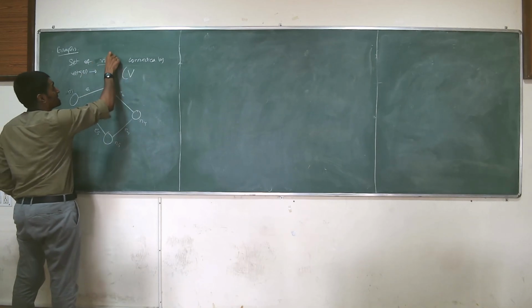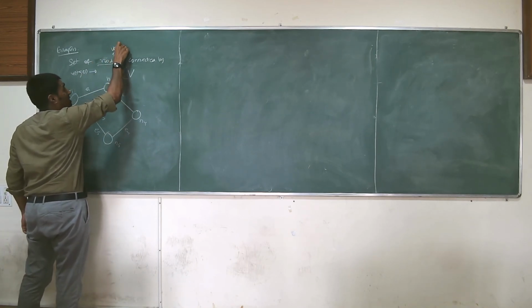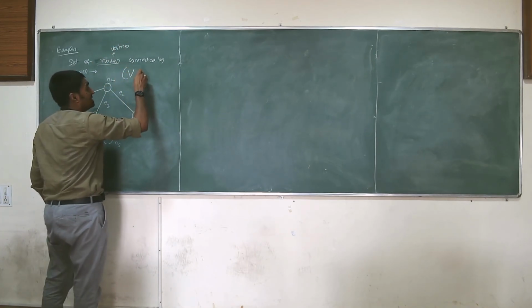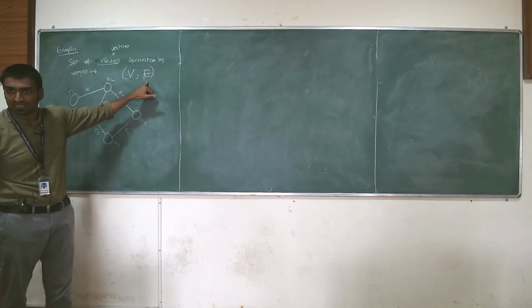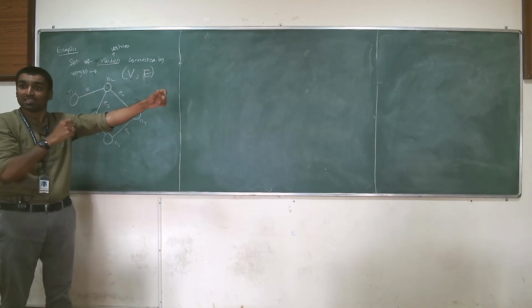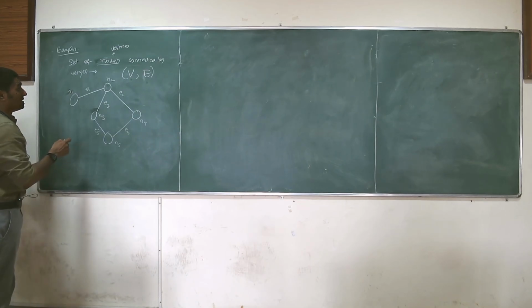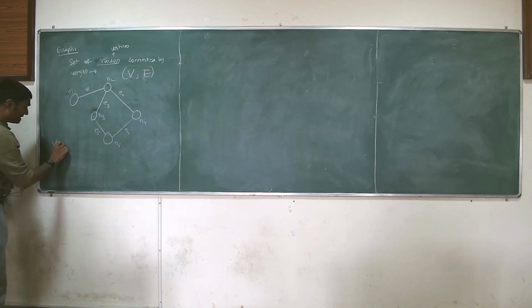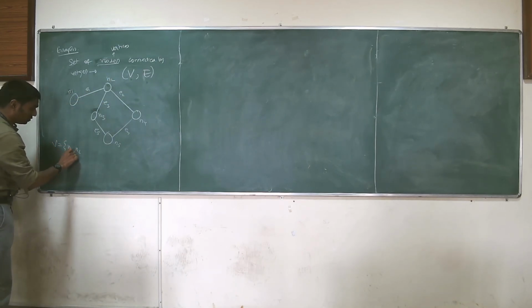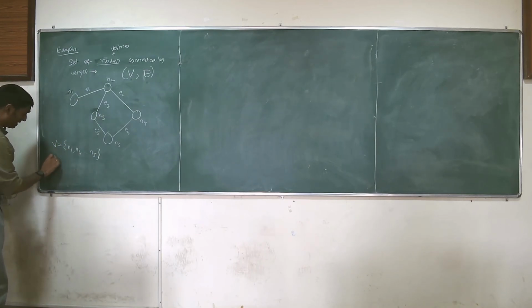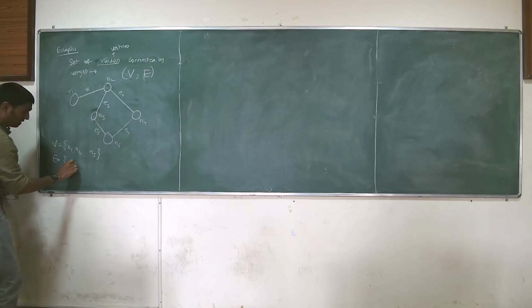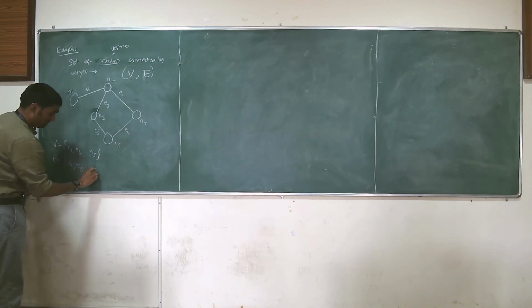These are also called vertices. And edges. V represents the set of nodes. E represents the set of edges between the nodes. So in this particular case, your V would simply be N1, N2, through N5. And there are 5 edges here. So your edges would simply be E1, E2, through E5.